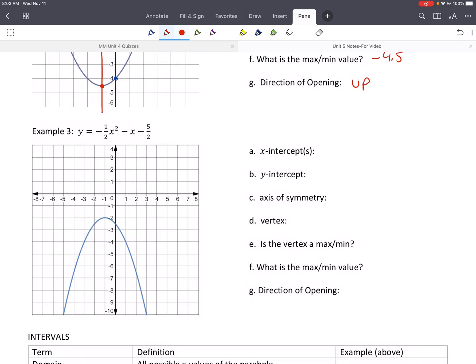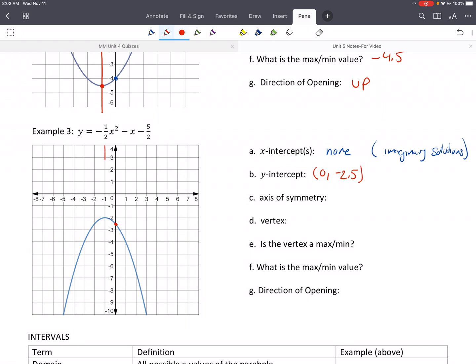Okay. Here is another example. Hopefully you gave this one a try. X-intercepts, here there are none. That means we have imaginary solutions. The y-intercepts, you will always have a y-intercept. Here it looks like it is (0, -2.5).